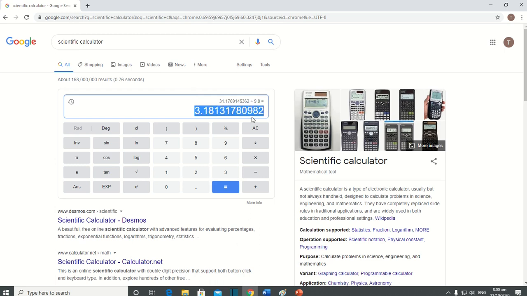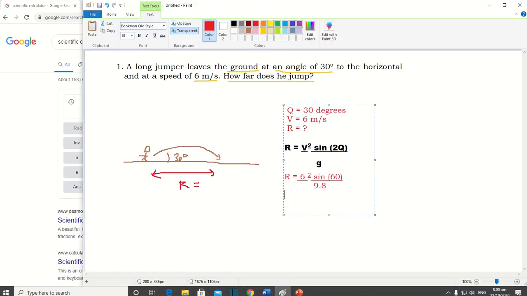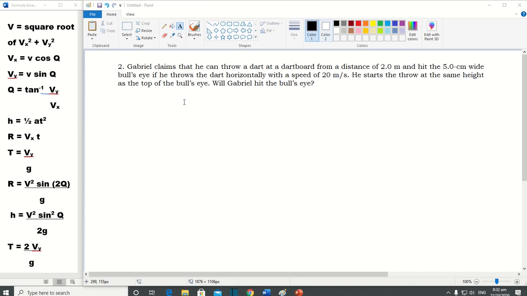So ang nakuha natin ay about 3.18. Sa word ay paint pala yan. So ang ating range is equivalent to 3.18 meters.